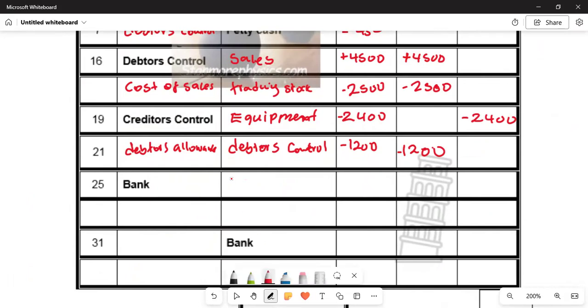Now we have the debtors control as we are going to be paid by debtors. Debtors control. So we are going to have plus 3,400 as well as minus 3,400. So that is that.